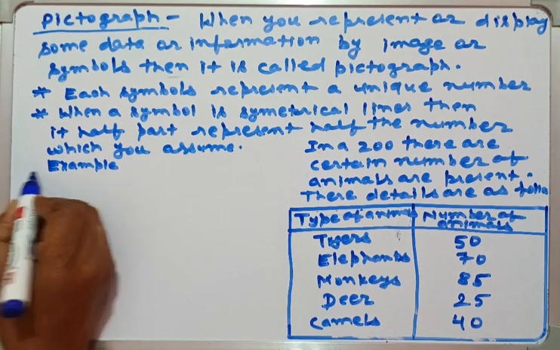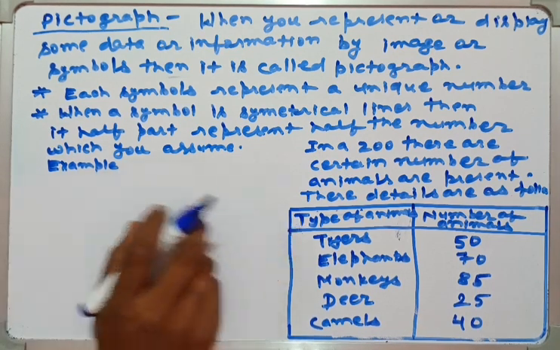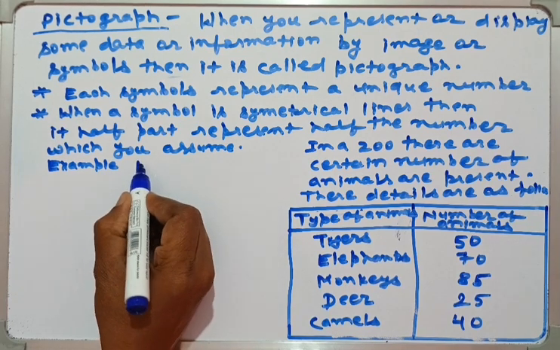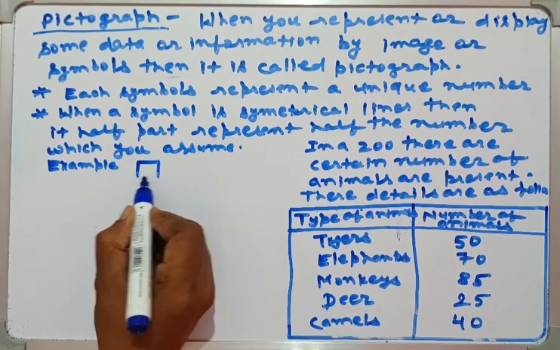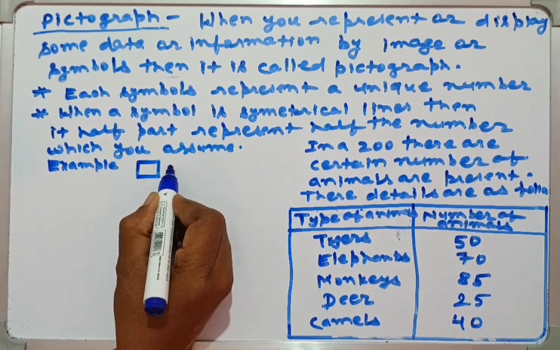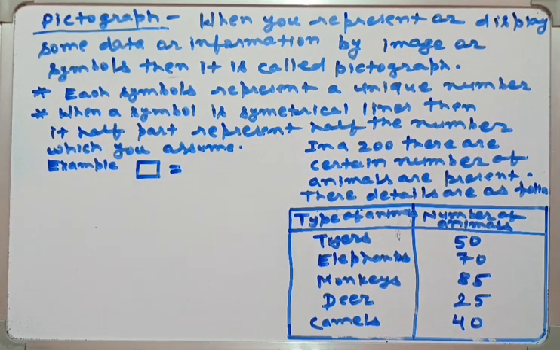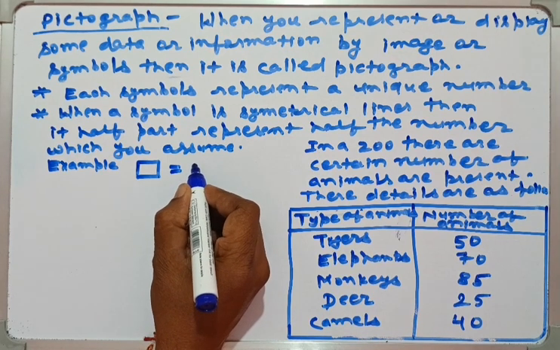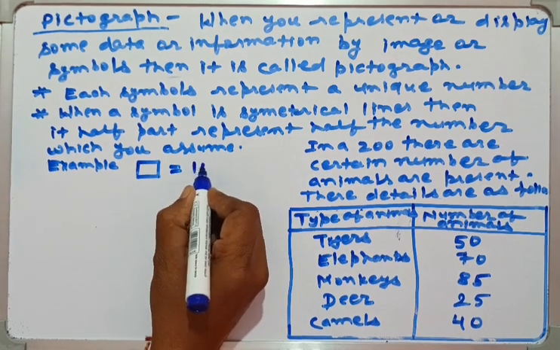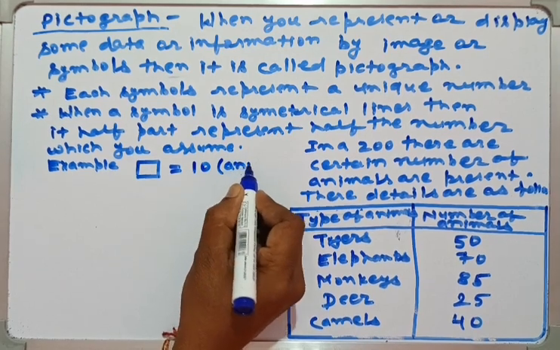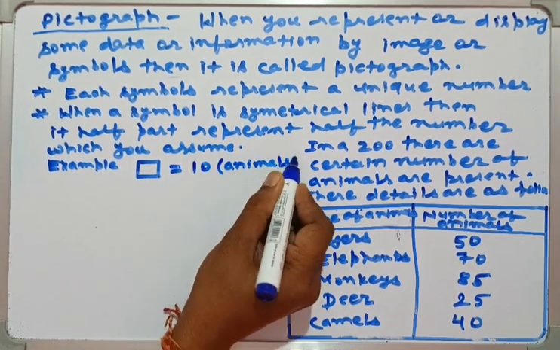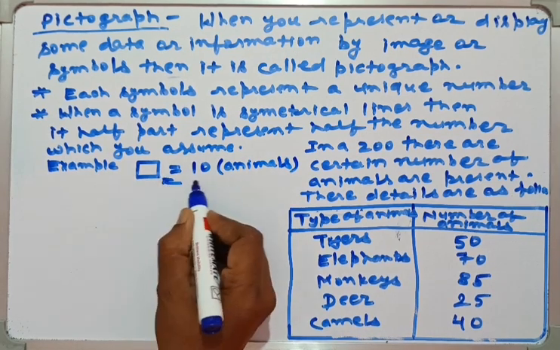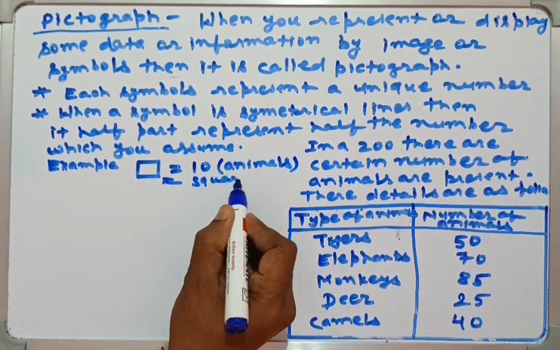So as per definition, first of all you have to assume one symbol which represents, suppose, 10 animals. Now see, I assume a square.